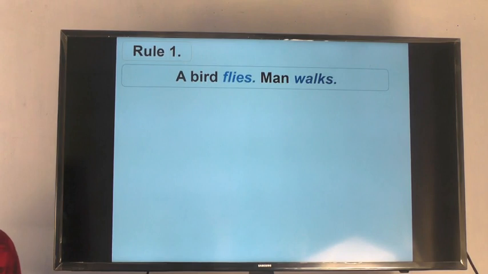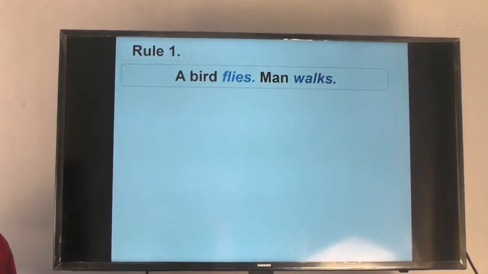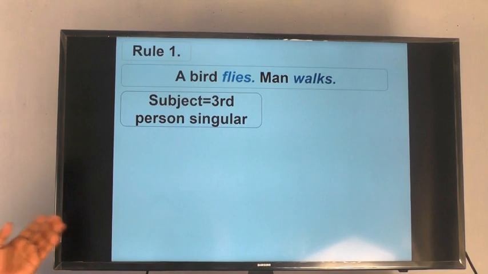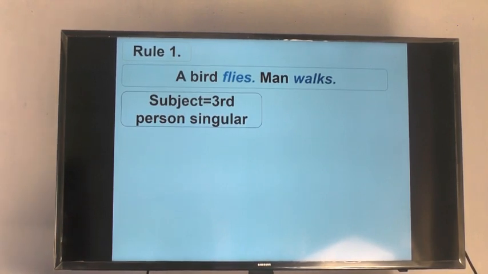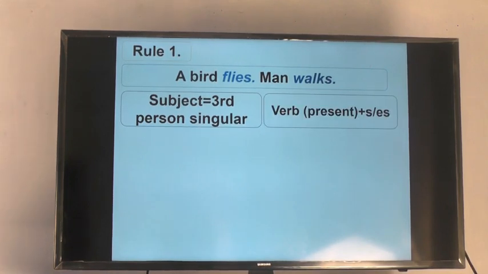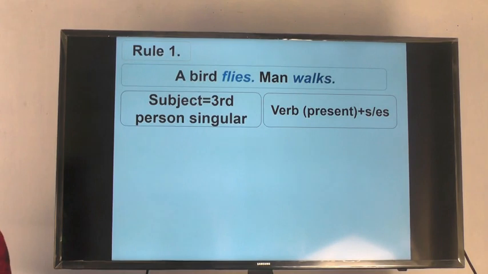Flies actually comes from fly, where y is replaced by ies. Now look at the subject, a bird, that is third person singular, and after the third person singular we use the verb's present form plus s or es, of course in the case of present events or true facts or proverbs.